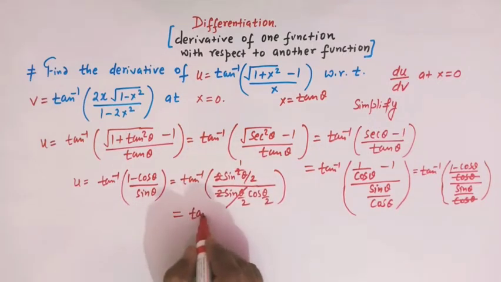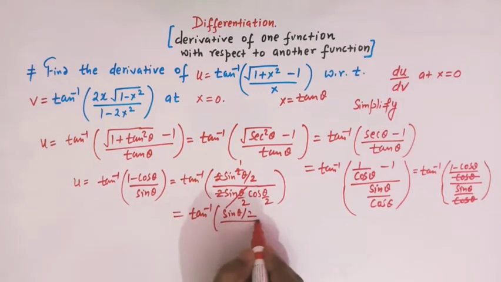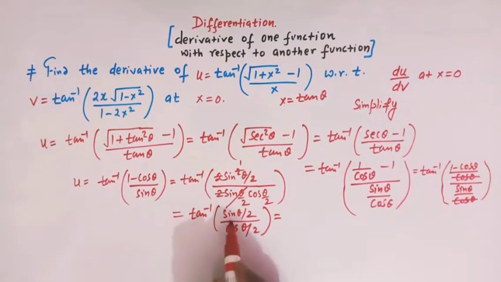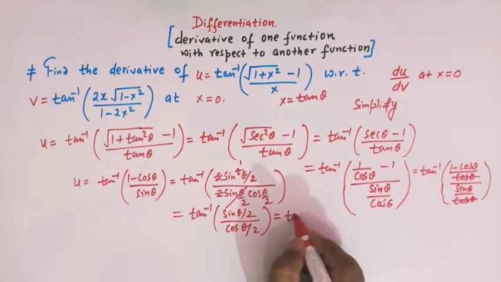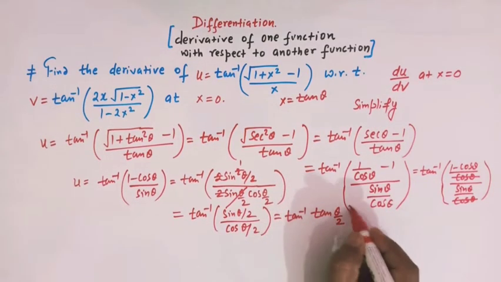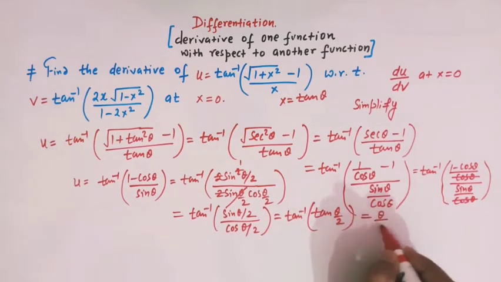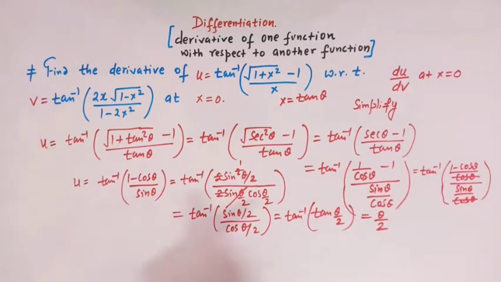So we have tan inverse of sine theta over 2 over cos theta over 2, which is tan theta over 2. Now tan inverse and tan get cancelled, and we are left with theta over 2.